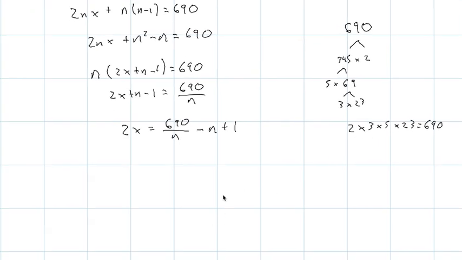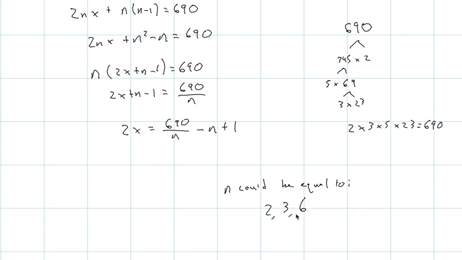So n could equal, as long as this factors into 690, we're going to get some positive integer here. So it could be equal to 2, be equal to 3, could be equal to 6.